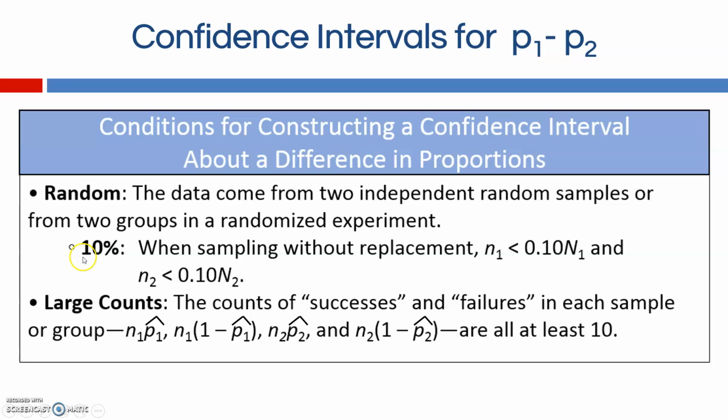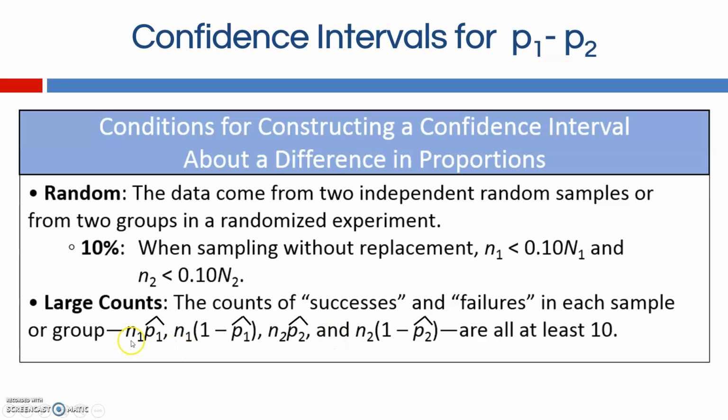But when you are sampling without replacement, you want to make sure that your sample size is less than 10% of the population size of that first group. And then you want to make sure your sample size of your second group is less than 10% of the population size of the second group. We still have a large counts condition, but you've got to do this for your two separate independent random samples.